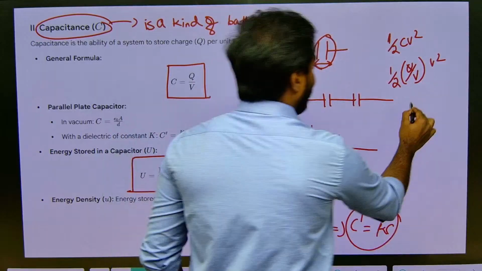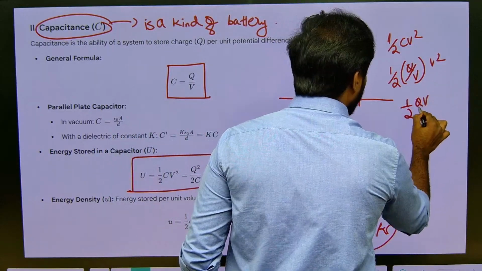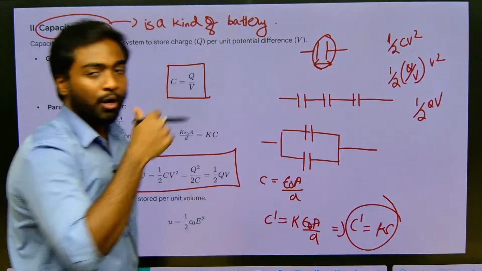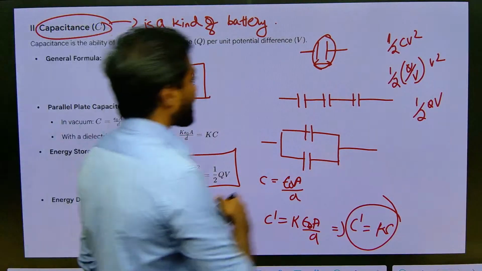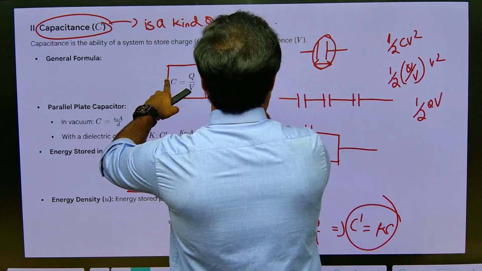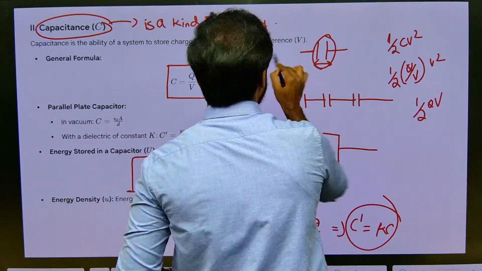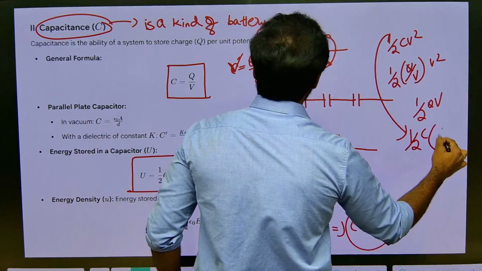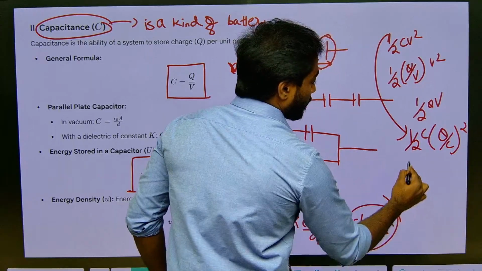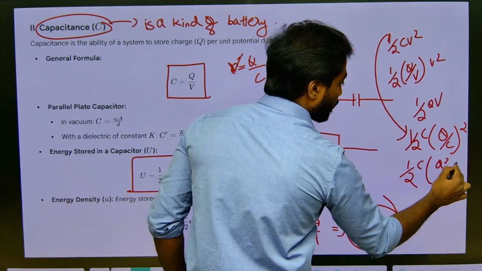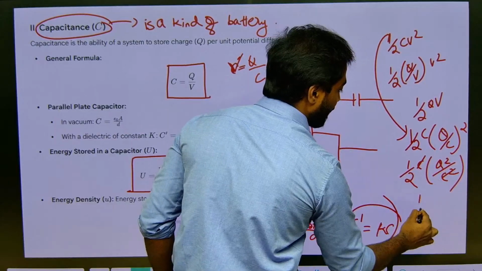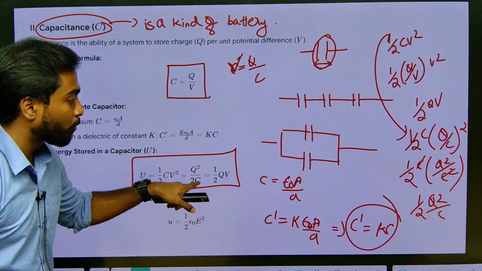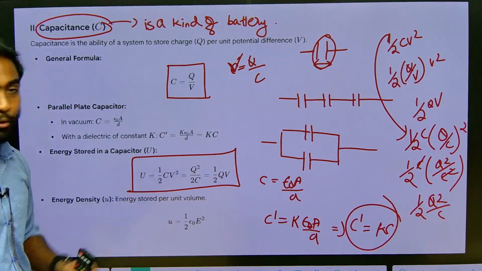So I can say this as 1 by 2 Q into V. Or else, V equals Q by C, so 1 by 2 into C into Q by C the whole square. So 1 by 2 C into Q square by C square, one C and one C get cancelled, giving 1 by 2 into Q square by C, that is Q square by 2C, or QV, and 1 by 2 CV square.